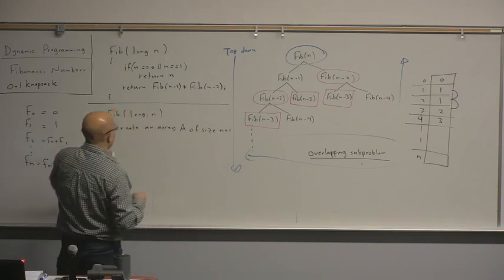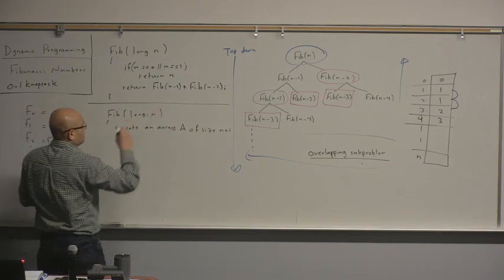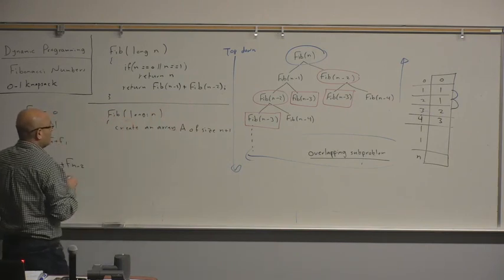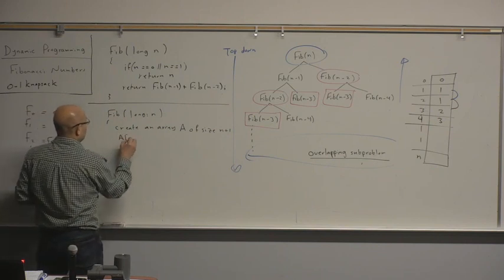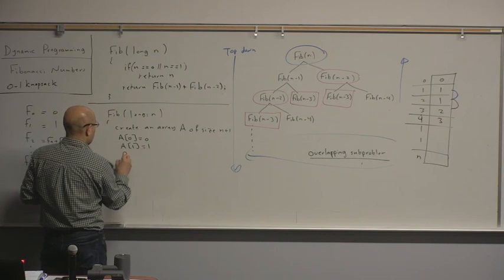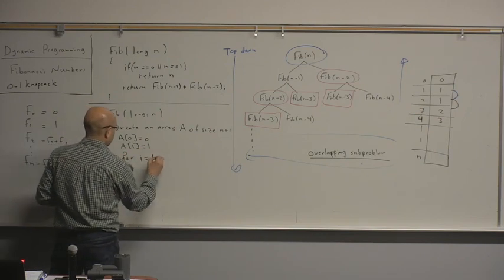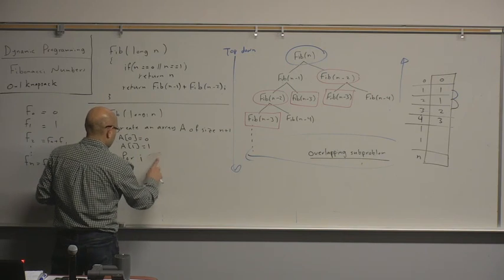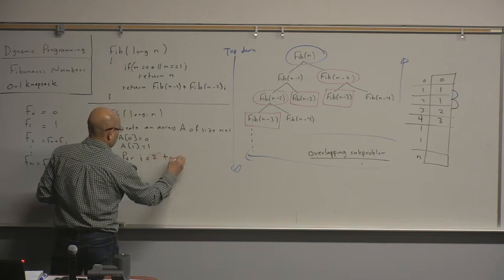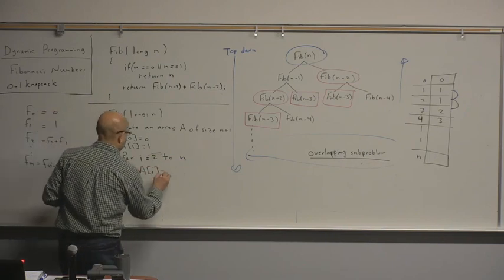So here, if we were to just create an array A of size n plus 1, and then set A of 0 to 0, A of 1 to 1, and then go for i equals 2 to n, A of i equals what?